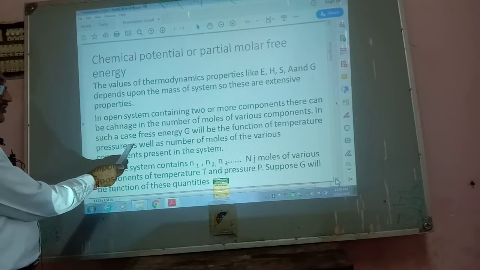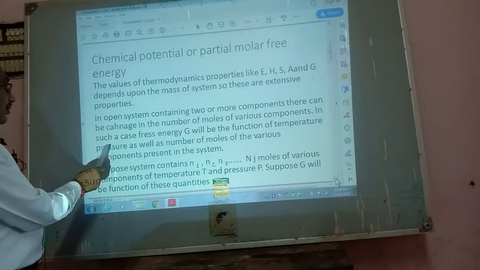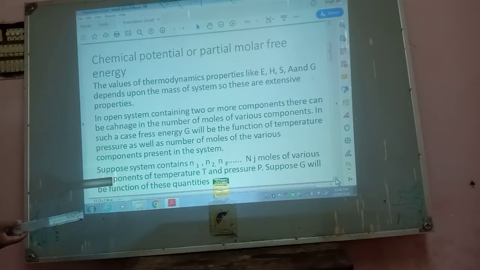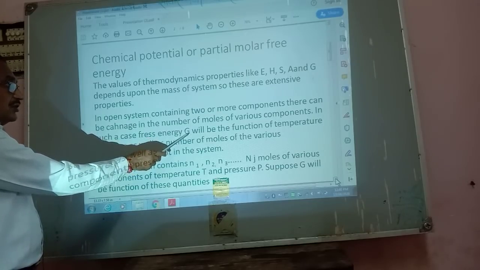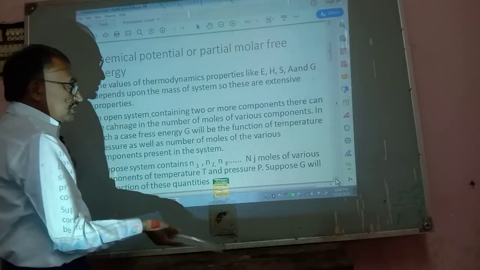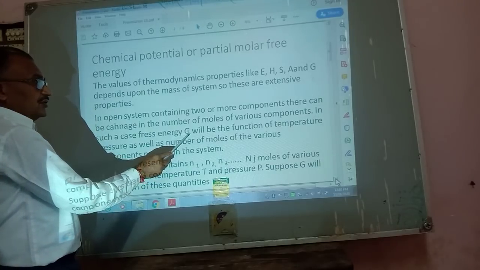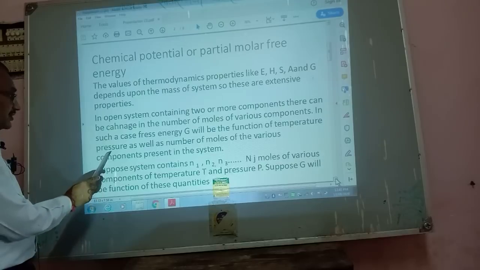In such cases, the free energy delta G will be a function of temperature, pressure, as well as the number of moles of the various components. Here Gibbs free energy is a function of temperature, because if temperature increases, Gibbs free energy increases, and if temperature decreases, Gibbs free energy decreases. Similarly, G is a function of pressure.